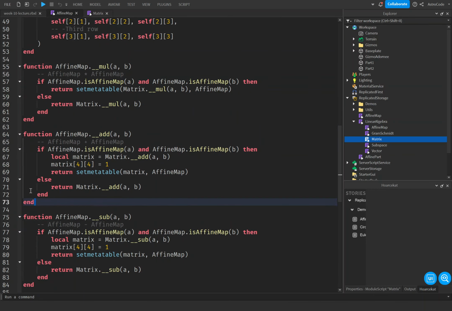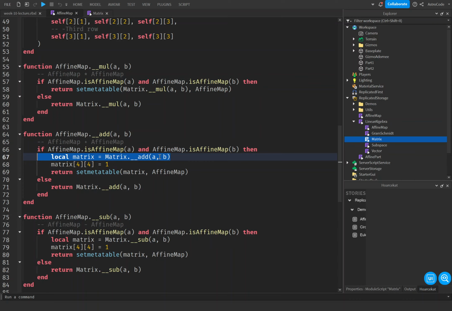Addition, subtraction. We actually didn't do addition or subtraction last week. I had said it was going to be more effort than I wanted to do. We implement the affine map addition with matrix addition. But what happens is that bottom right corner that's supposed to be a 1 becomes a 2 because we've summed the 2 affine transformations.